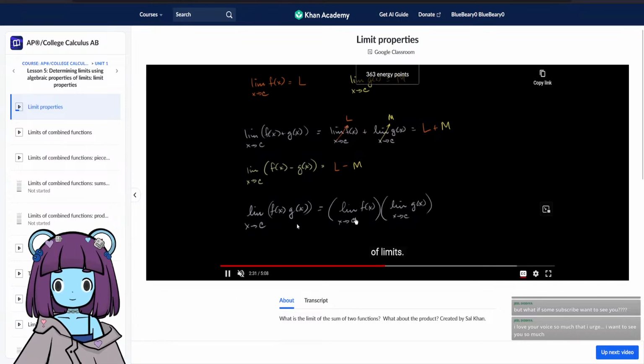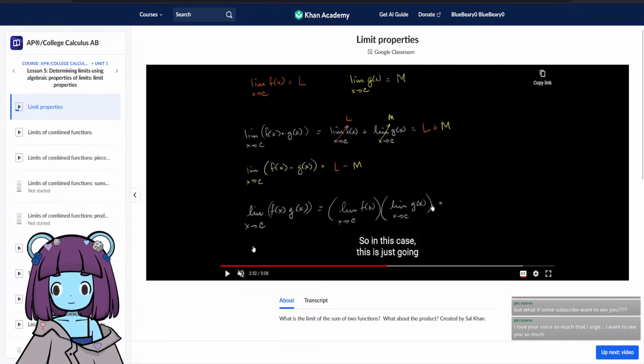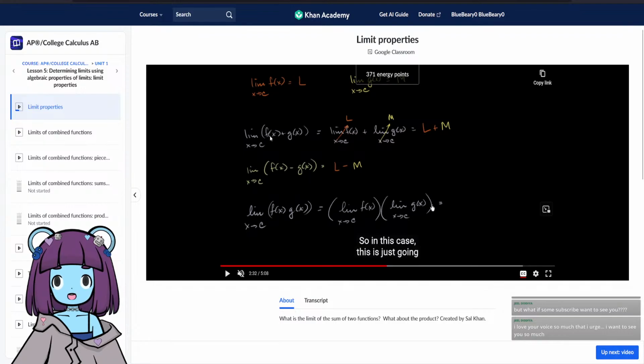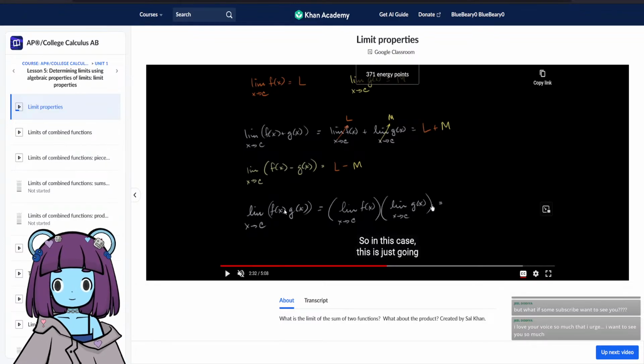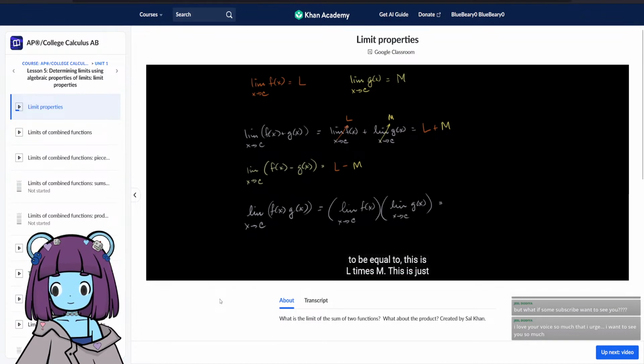Right, so it is intuitive. If you have addition, then you can get this and that. You can split up the functions almost in a way, and then you get two separate ones. And same thing for the subtraction or the difference, and I assume same thing for the product.